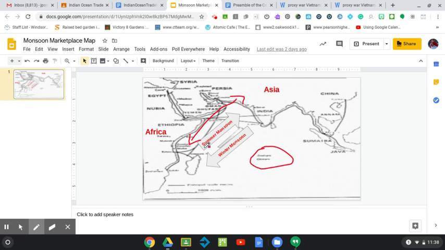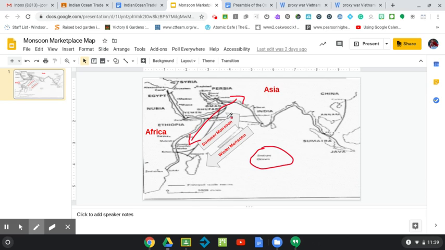Well, they had these things called monsoon winds. I think a lot of times when you think of monsoon, you think of downpours and rain, which are especially true in places like India. Well, for our purposes, we want to think of monsoon as in the monsoon winds, and these winds would change based on what season it was.